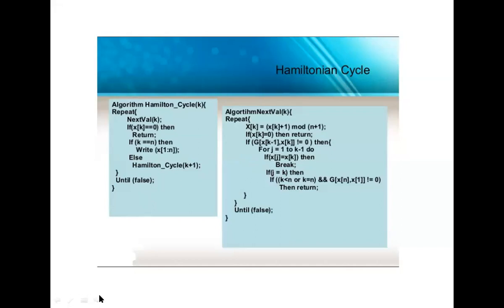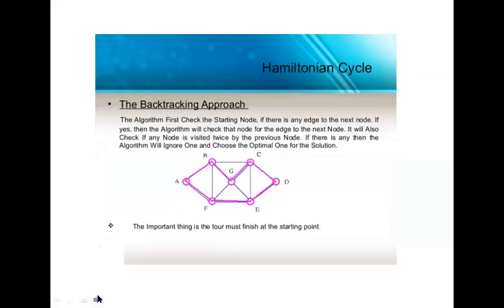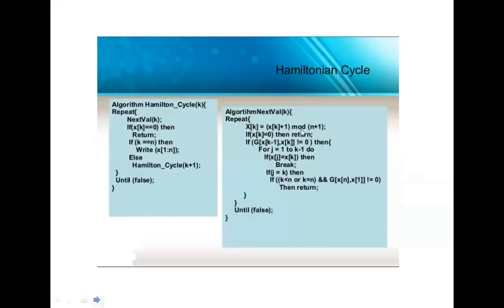So you have to check every time whether the number is repeating or not. You have to visit each vertex only once. So that's why you have to check every time whether the number is repeated. Okay.